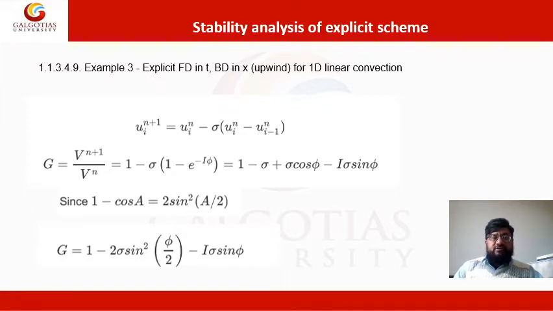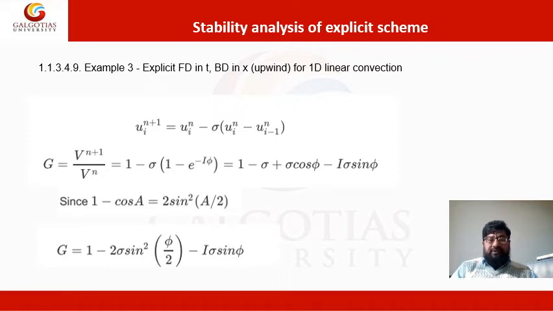Now again doing the same exercise, replacing u with error terms, and for the error terms we put the generic error solution in the form of amplitude. After some algebraic manipulation, we will get the magnification factor G in terms of sigma, that is the CFL number.